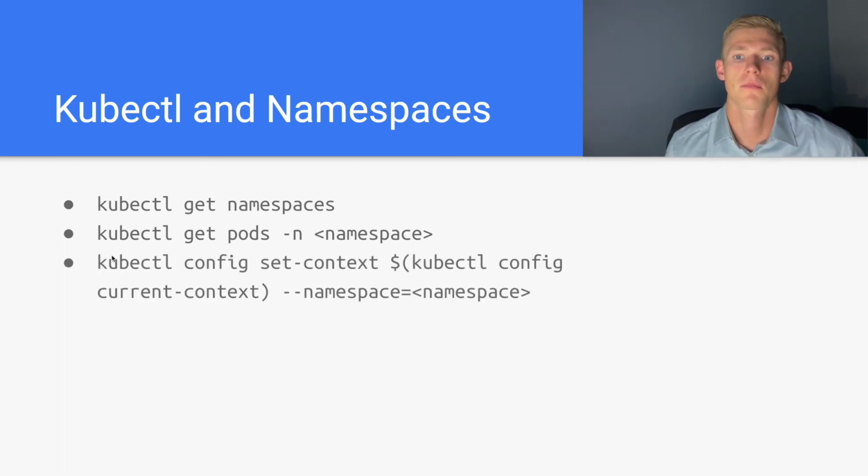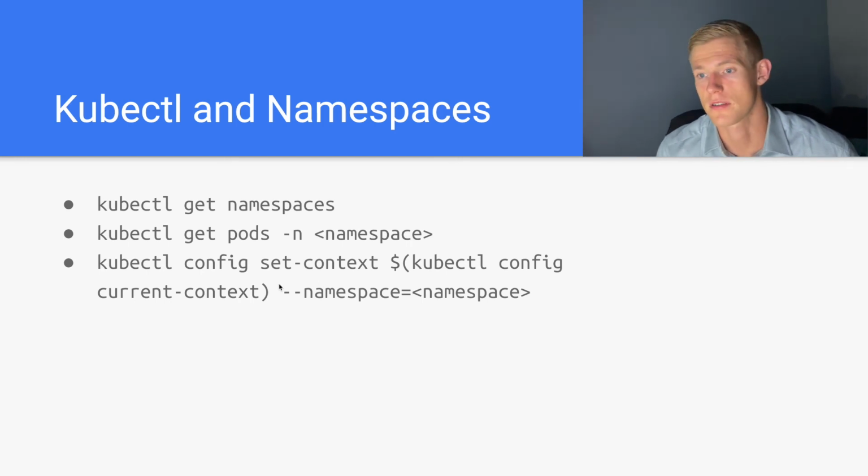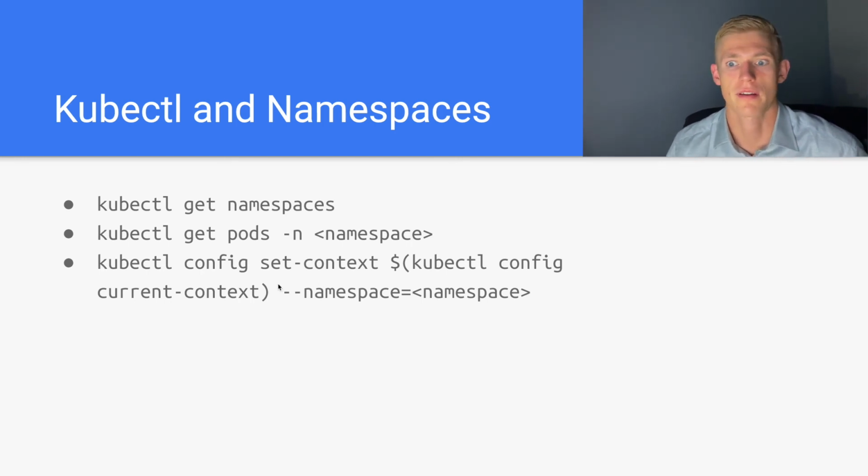So this final command essentially allows us to set a default namespace. So let's say our manager has told us that we're going to be working on a specific project for the next month, and we know all of the resources for that project are going to be within this namespace. We can run this nice little command here, and what that does is it means that we no longer have to specify this namespace.